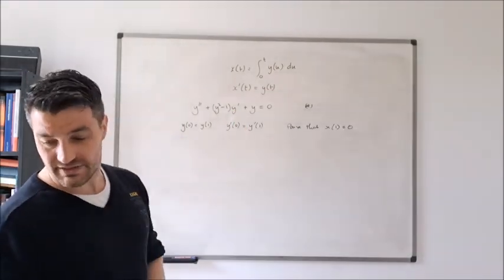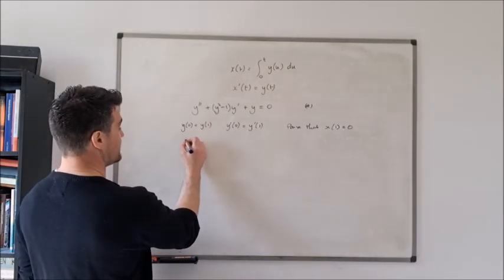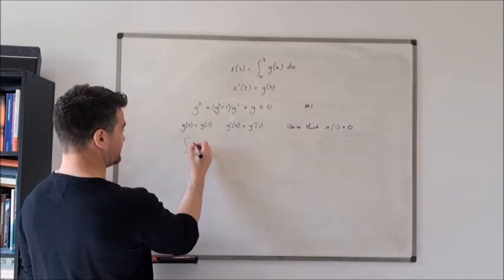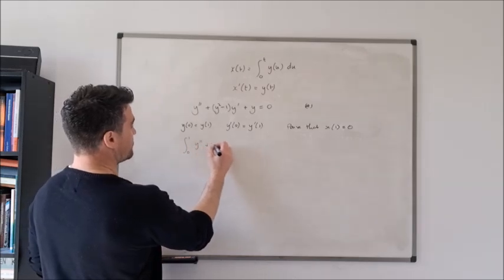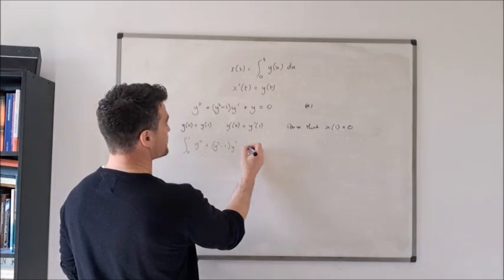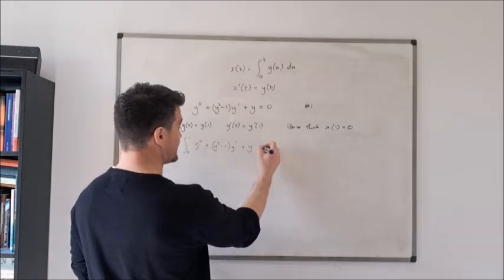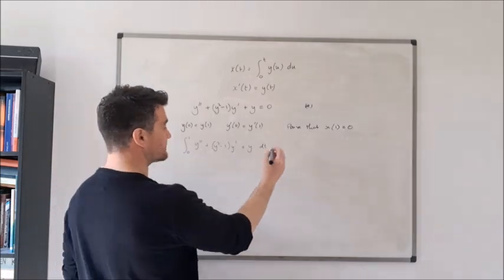And what we get is the following. So we get the integral from 0 to 1 of y primed plus y squared. And we've got to bear in mind that these y's and y primes are all functions of t. So we're integrating with respect to t here.